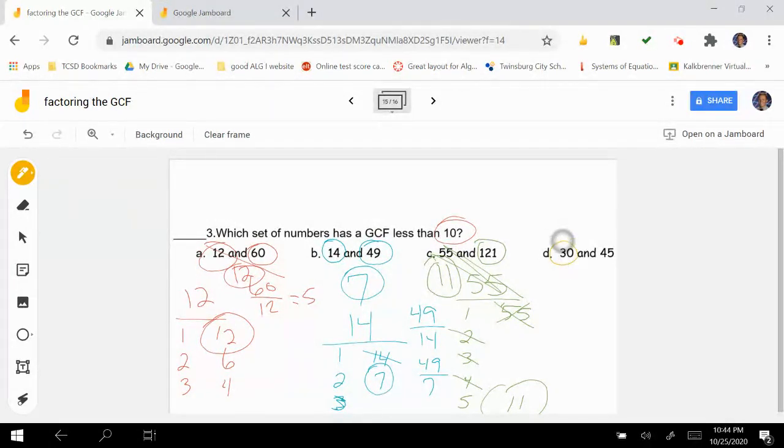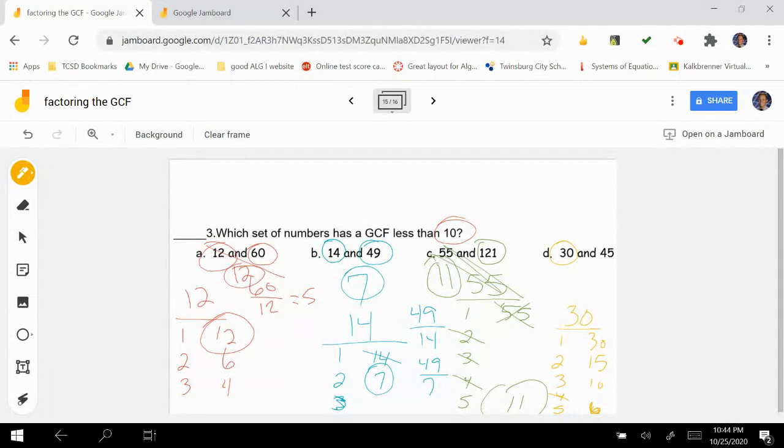And our last thing we need to try is 30 and 45. What's the smaller value? So the greatest 30 can be is, just count, 1, 2, 3, 4, 5. 30 divided by 1 is 30. 30 divided by 2 is 15. 30 divided by 3 is 10. 4 doesn't work. 30 divided by 5 is 6. So those are our factor friends right there.